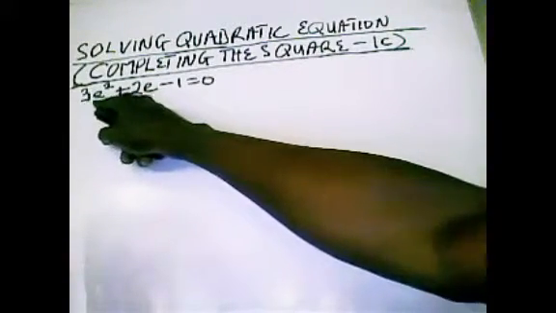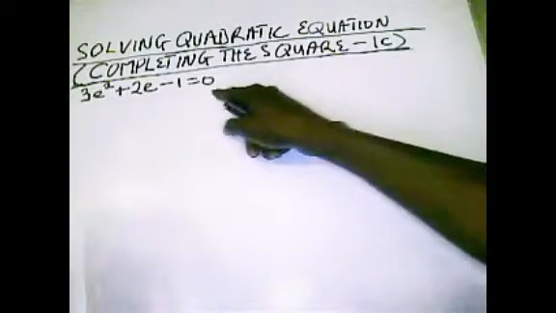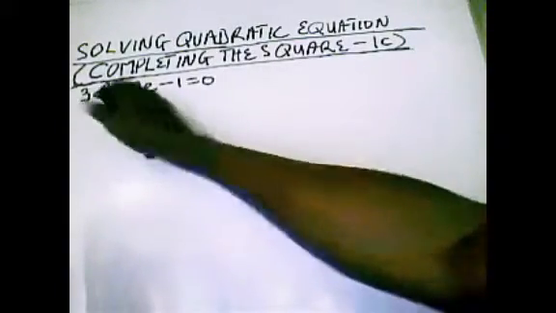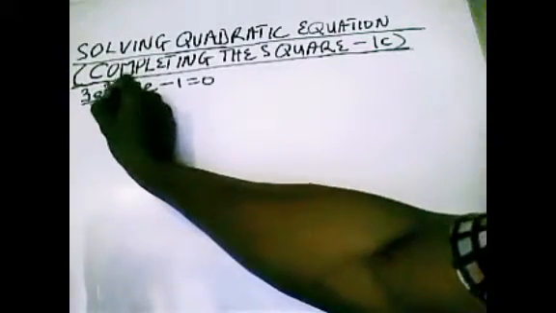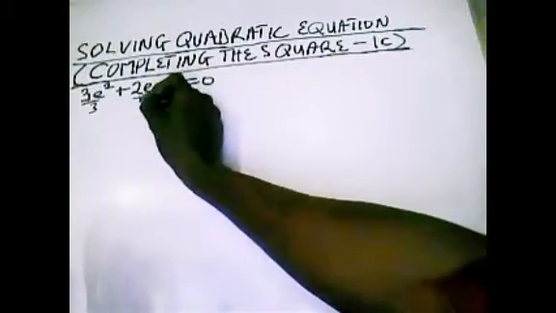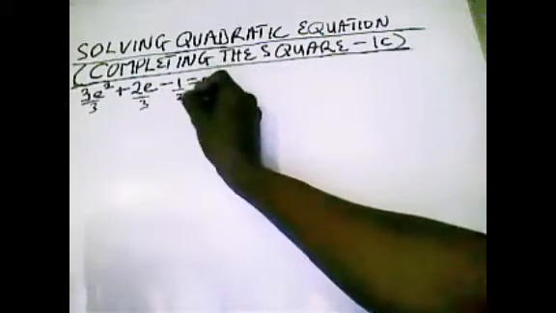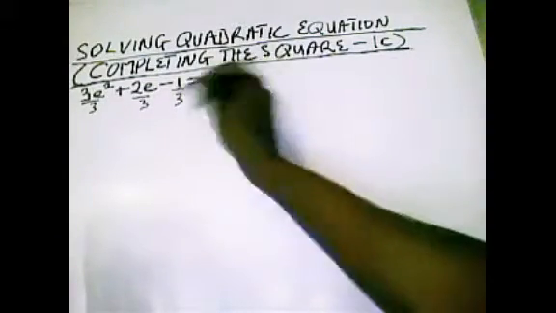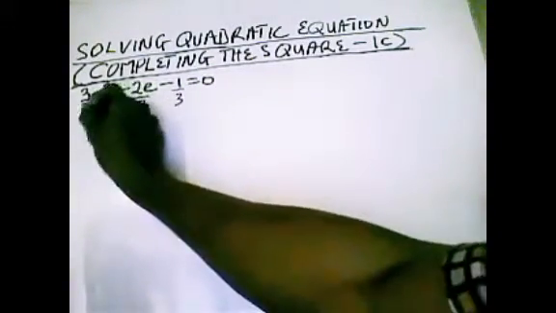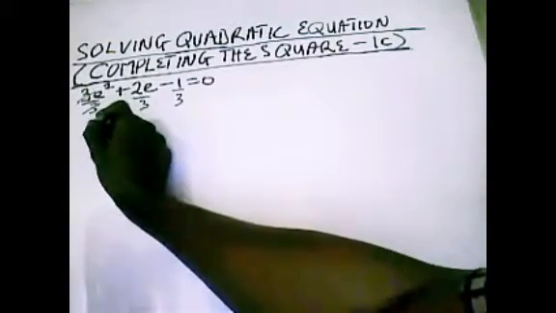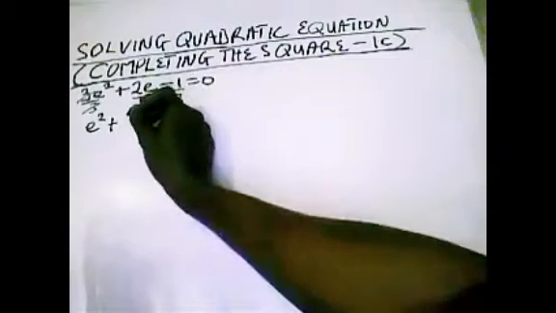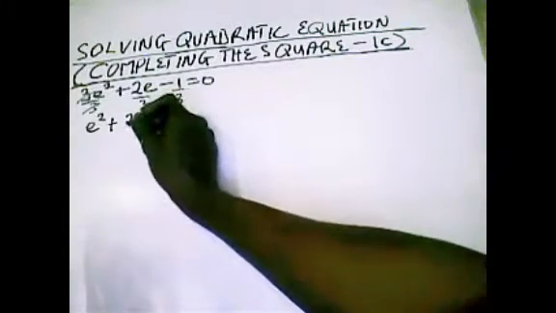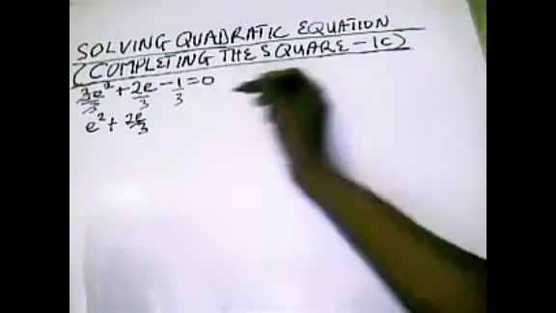So how do we remove this 3? We have to divide everything we see here by 3. So divided by 3, divided by 3, divided by 3. Of course, if you divide 0, it remains 0, so there's no need for us to do that. If 3 cancels 3, we are going to be left with e squared, then plus 2e upon 3.